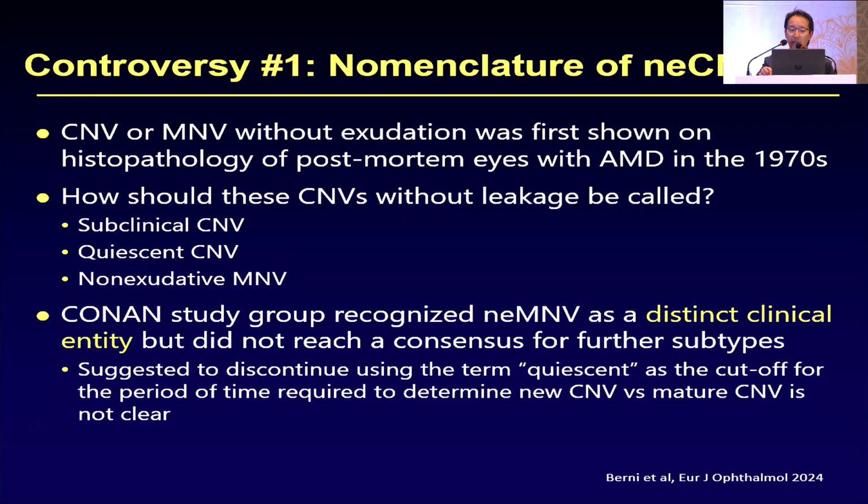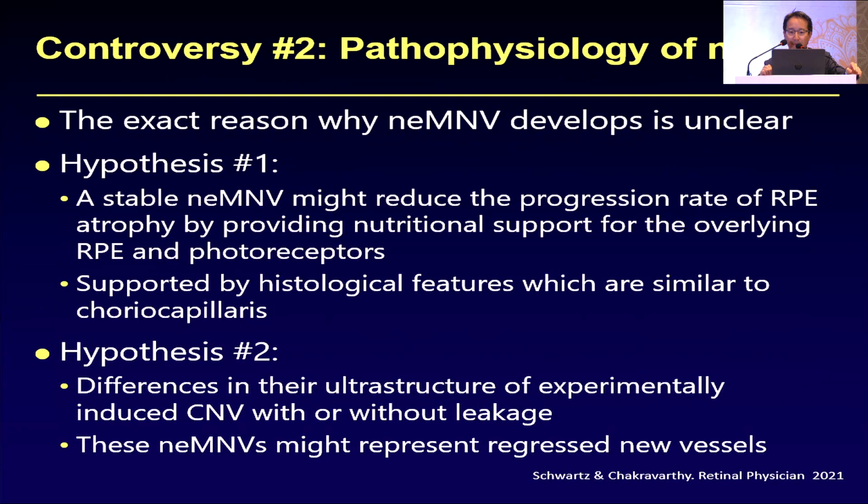The Consensus on Neovascular AMD Nomenclature (CONAN) study group recognized non-exudative MNVs as a distinct clinical entity, but did not reach a consensus for further subtyping. They suggested discontinuing the term quiescent because we really do not know the cutoff time required to determine whether this is a new CNV versus a mature CNV which is not leaking.